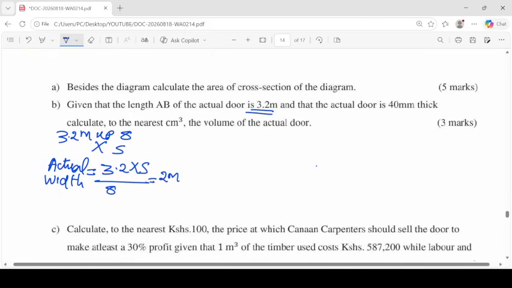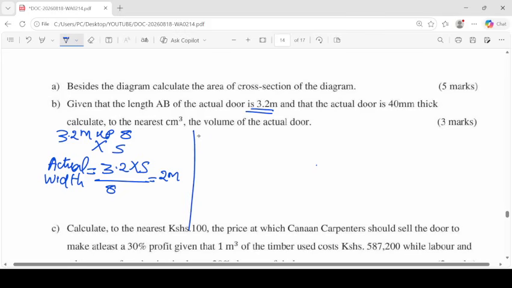So to get now the volume, I'll take the actual length multiplied by the actual width multiplied by the thickness. This 40, remember from the acronym, Kenya has dug many dams containing magics, the relationship is that 1 meter is equal to 1,000 millimeters.